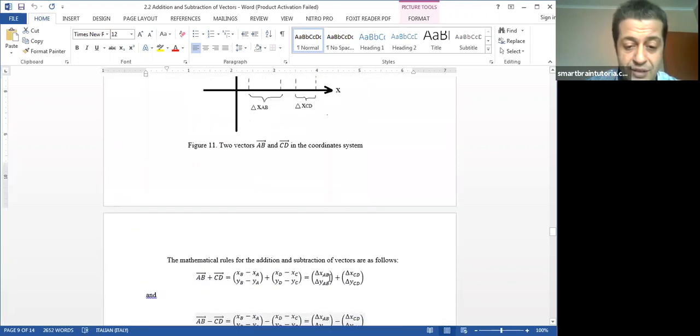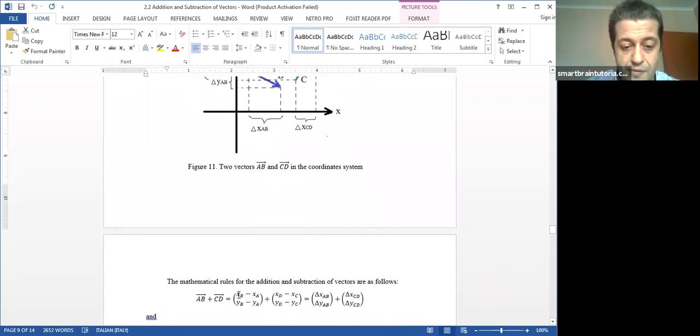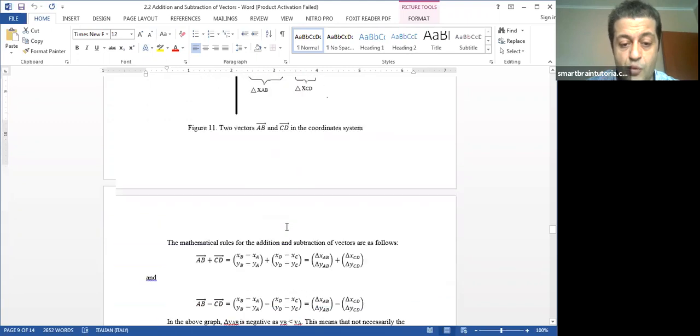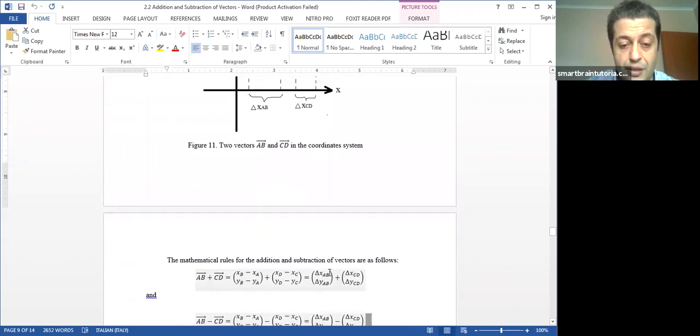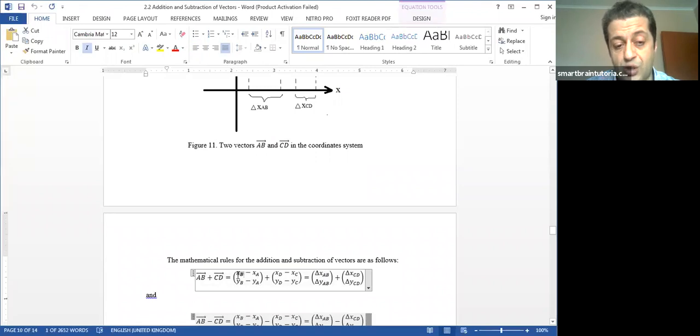Let me explain with symbols. So if we are going to add AB plus CD, these 2 vectors, we are going to add the delta x of AB, that means the x of B minus the x of A, that shows the shift in the horizontal position of the first vector.